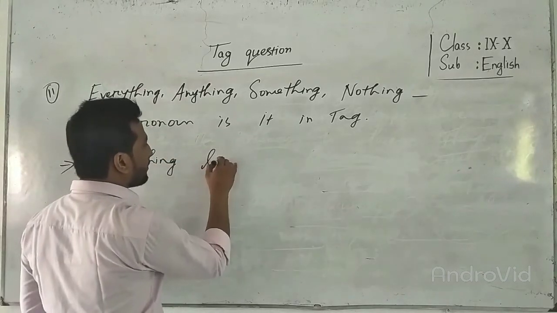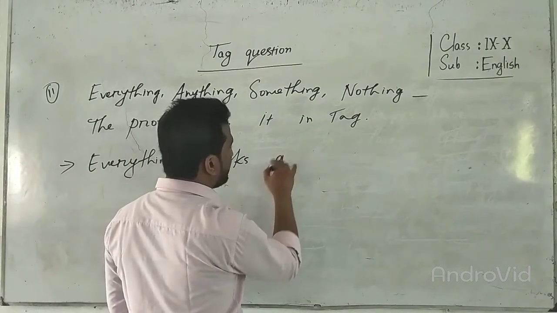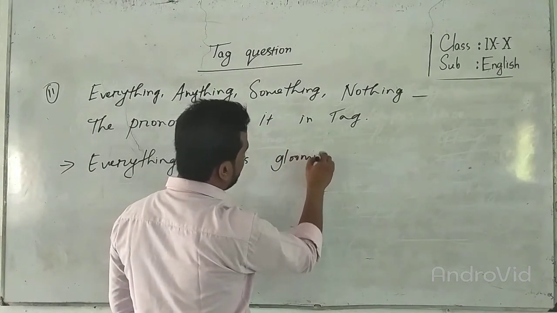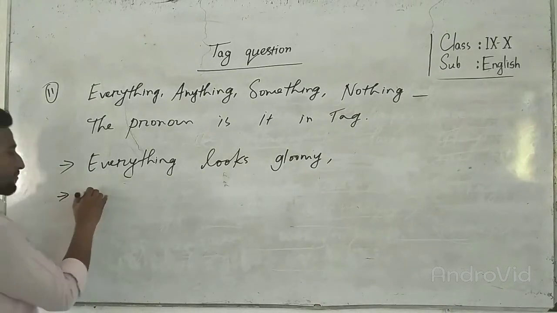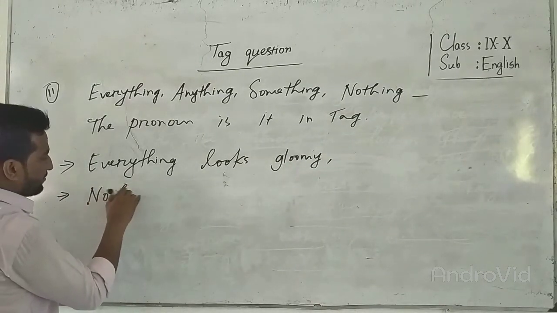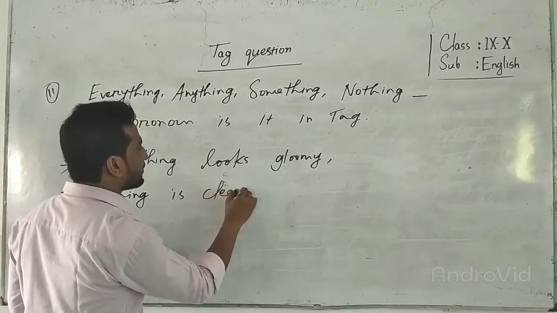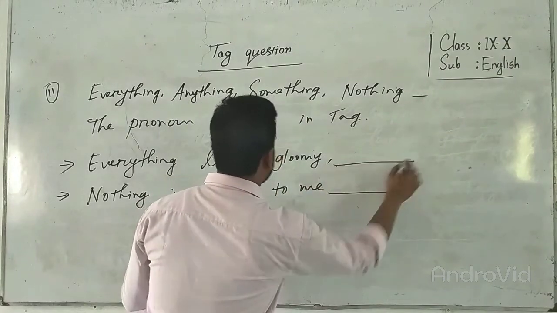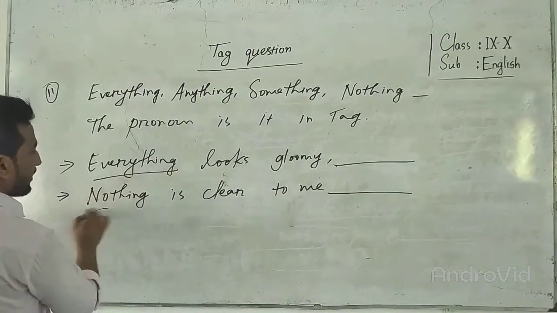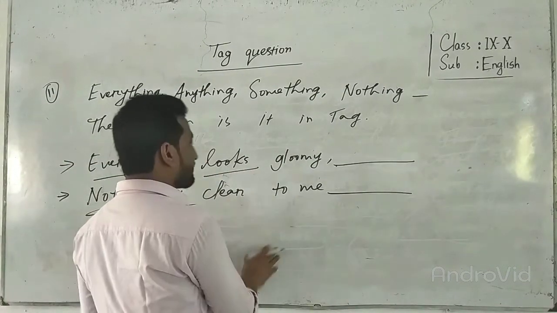everything looks gloomy. Everything looks gloomy. The next one, nothing is clear to me. Here everything as subject, nothing as a subject. Here verb is looks, here verb is.